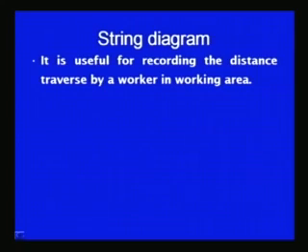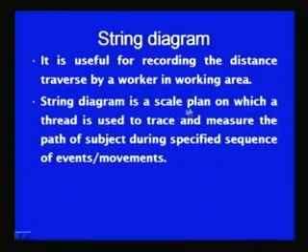String diagram is useful for recording the distances being traversed by the worker in the work area during the operation, and these movements are shown on a scale plan with the help of a thread which is used to trace and measure the path of the subject being covered during the specified sequence of events or movements.